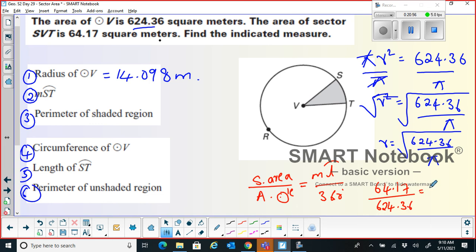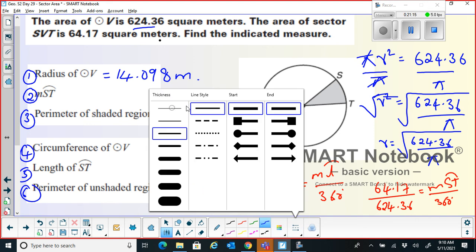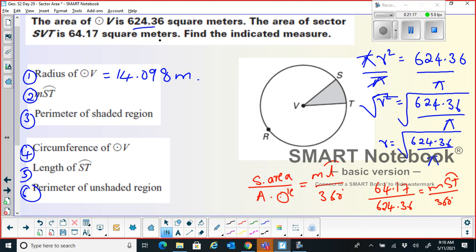And we are interested in the measure of this particular arc ST, and this is 360 degrees. To get the measure of arc ST, that is the central angle made by this arc ST, I need to multiply by 360 on both sides. So multiply here by 360 degrees and multiply here by 360 degrees. So these two will get crossed out.